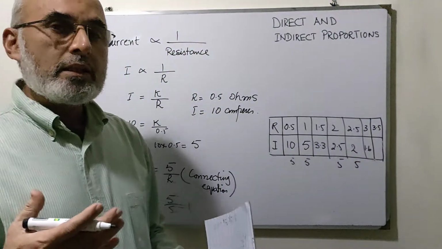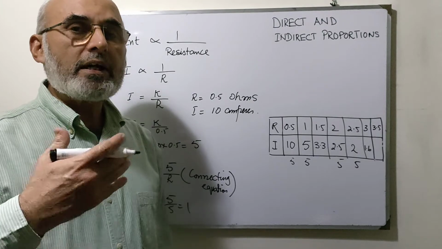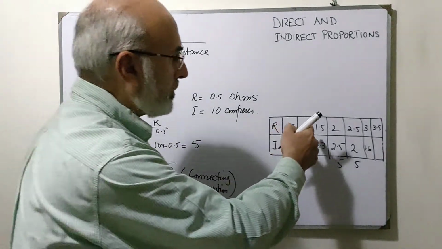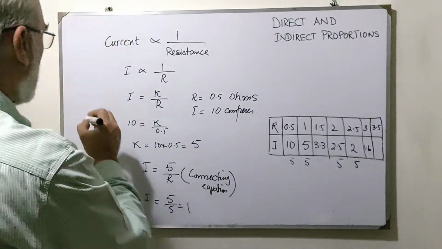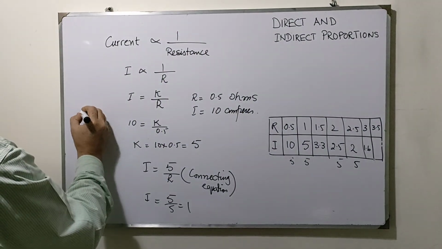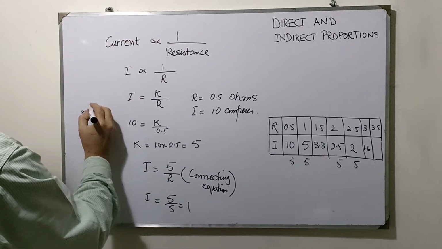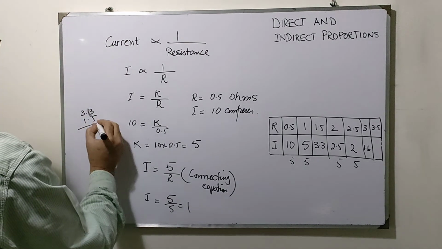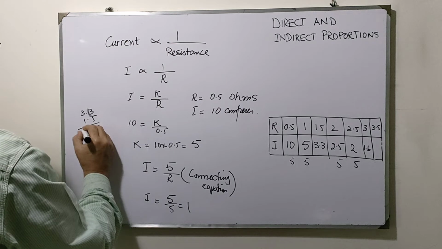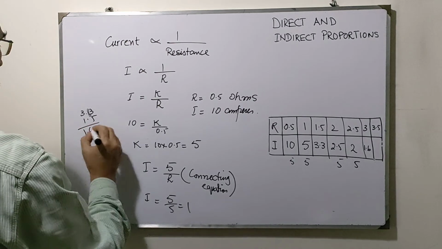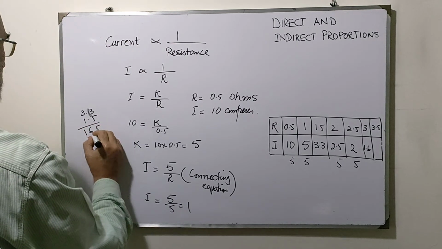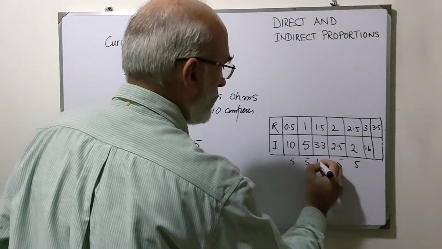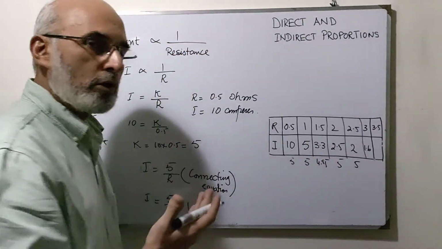This, we are getting the same results. We can also multiply even these: 3.3 and 1.5 gives 4.95, which is pretty close to 5.